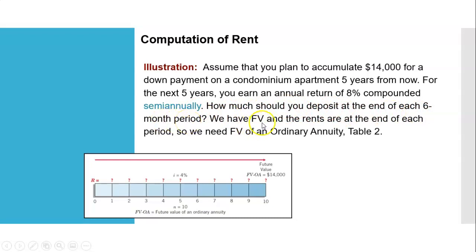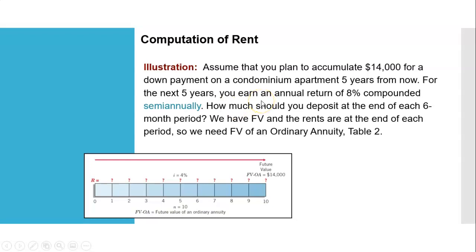We know the FV, which is 14,000. We know the rents are at the end of the period, so we need FV of an ordinary annuity. That's going to be table 2. Our I is going to be 4%. How did we get that? We took the interest of 8% divided by 2 because we're compounding twice a year.